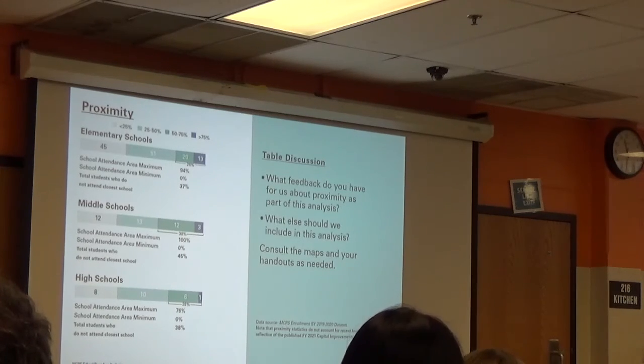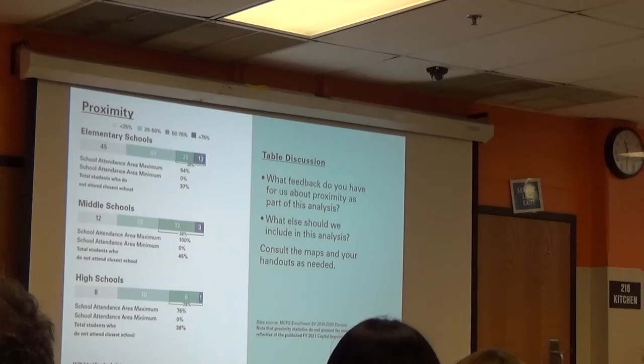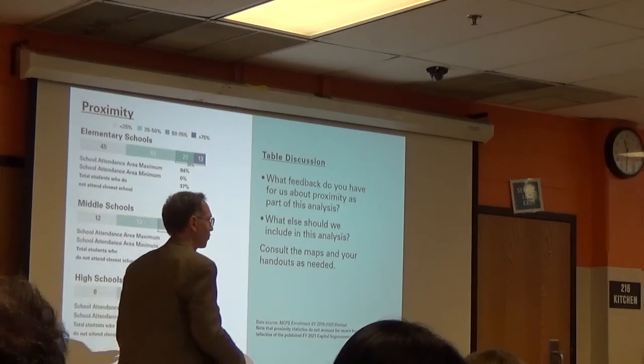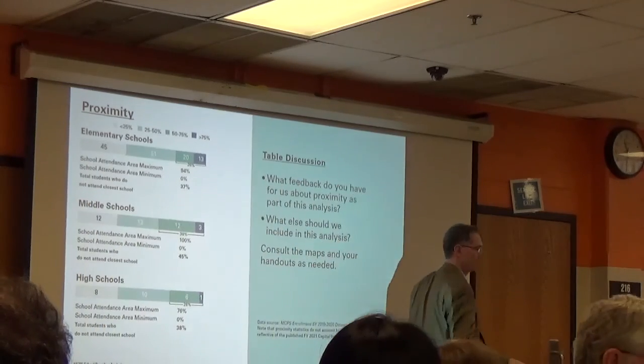So again, you have the summary of all of this research, an incredible range of schools where students are very close to their middle schools and elementary schools, and students who are not close at all to their middle schools. So for us, I'll turn it back to Steve, but what feedback can you give us here?